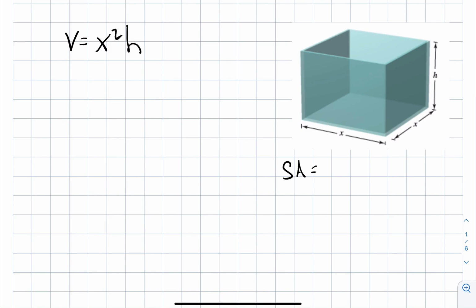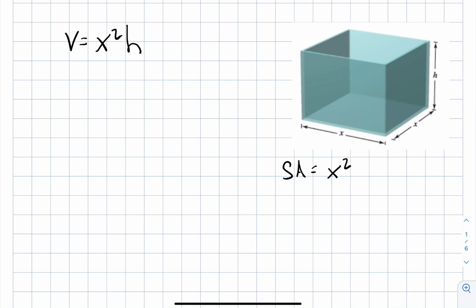Let's think about how we can find the surface area now. That's just going to be the area of each face added up, but keep in mind it's going to be an open top, okay? So if we look to here, the bottom face is going to be x squared. And usually in a box, we would say it's going to be 2x squared for the top and the bottom.